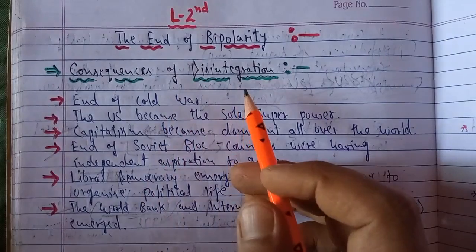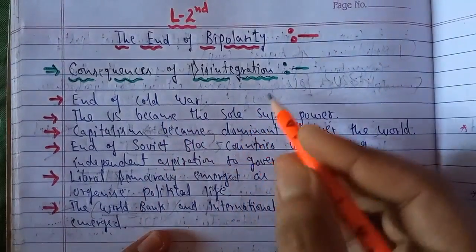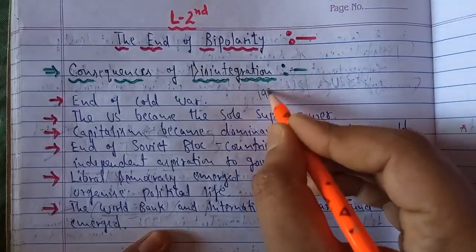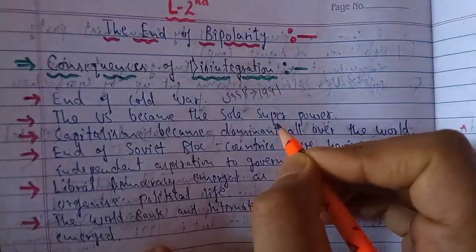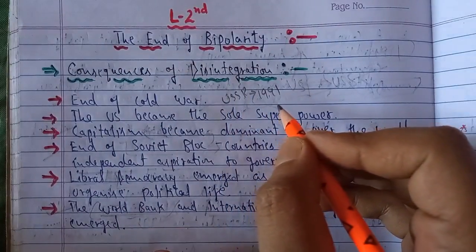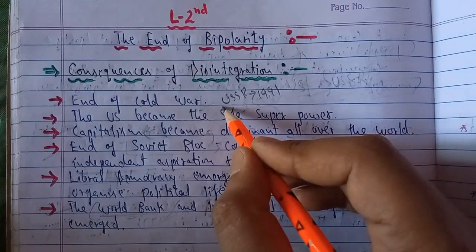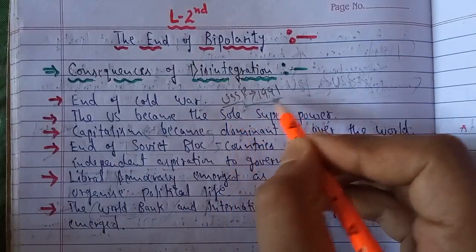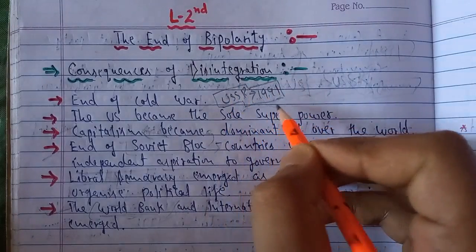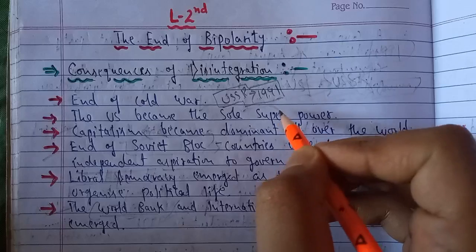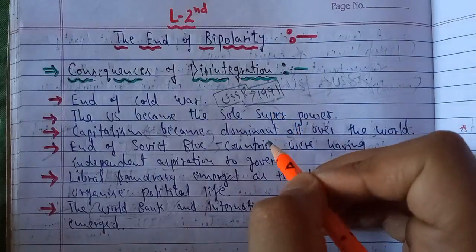That is, after USSR disintegrated in 1991, what were the consequences on world politics? How did the system and mechanism of world politics change after the disintegration of USSR? We are going to discuss those events in this.